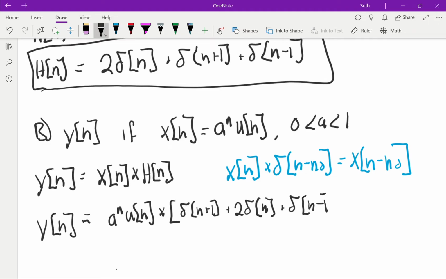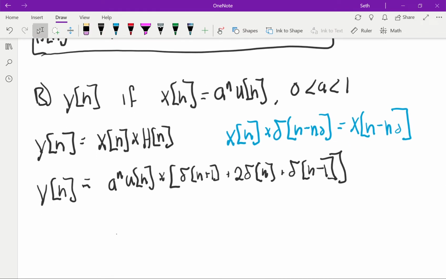Since I went through the last example pretty slowly, I'm just going to apply it directly here without much commentary. Of course, convolution is distributive, so I'm not going to FOIL it out explicitly.